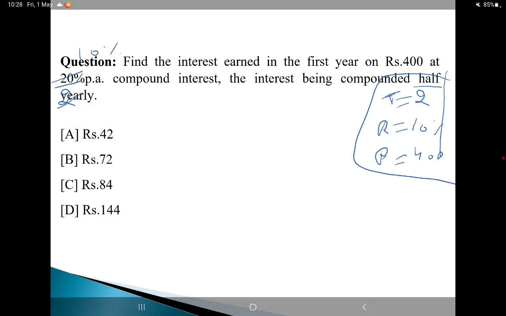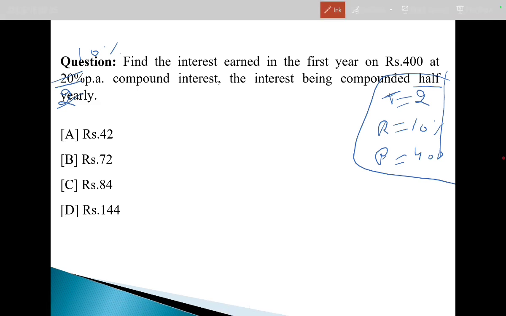Very simple, I had already taught you this. So your principal is 400 and you are getting 10% of it. So now your principal is 400, in every year you are getting 10% and you have to calculate it as compound interest for 2 years.